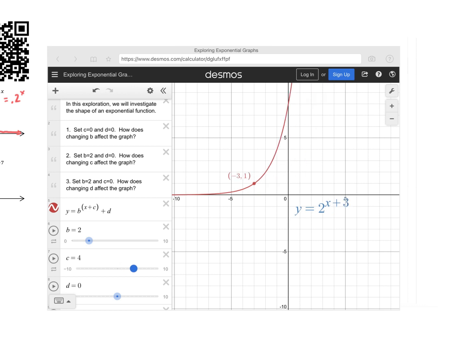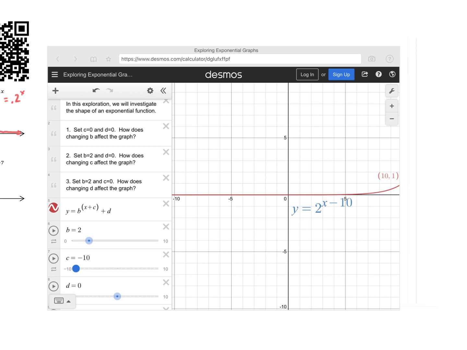All right, notice what's happening to the equation. We're getting plus 5. That's this number here, plus 5. And watch what's happening to this graph. You see what's happening? It's moving. It's not really changing shape. It's just moving.